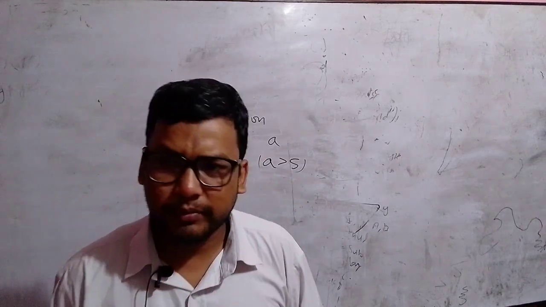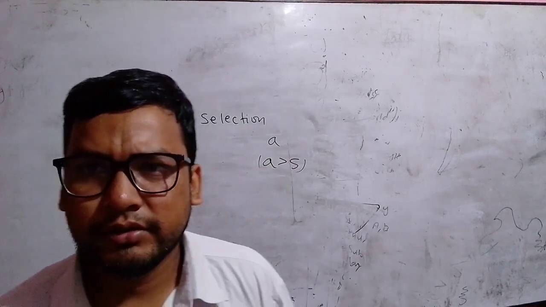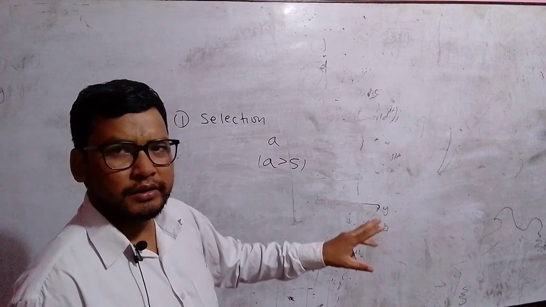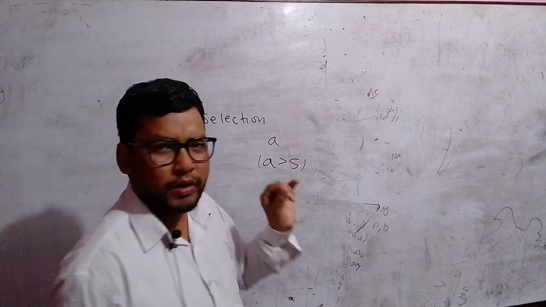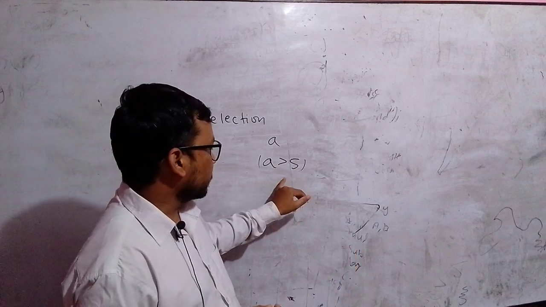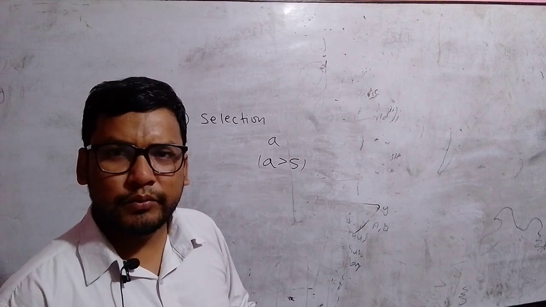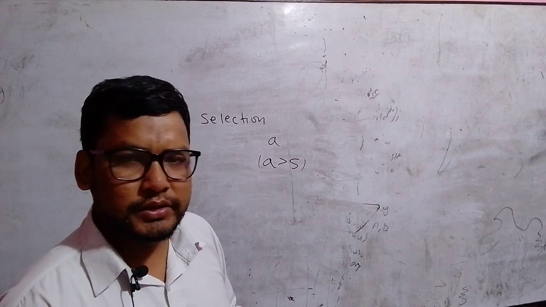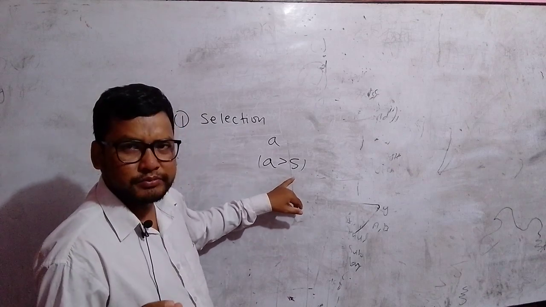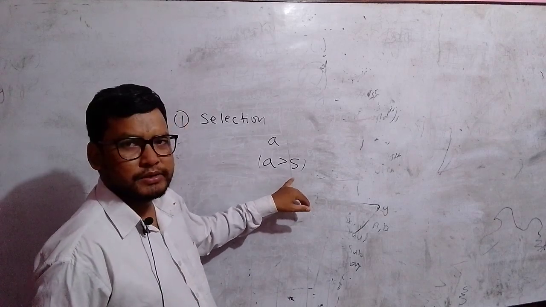True can be represented by 1, and false can be represented by 0. That means this statement can give only 1 or 0. We can say 1 is equal to true, 0 is equal to false. Conditions give only two values, 0 or 1, and this is one example of a condition.